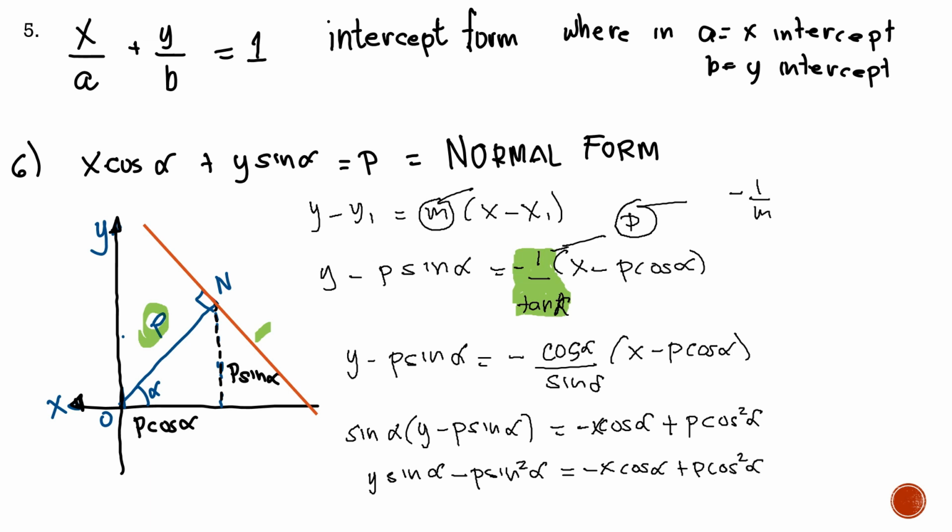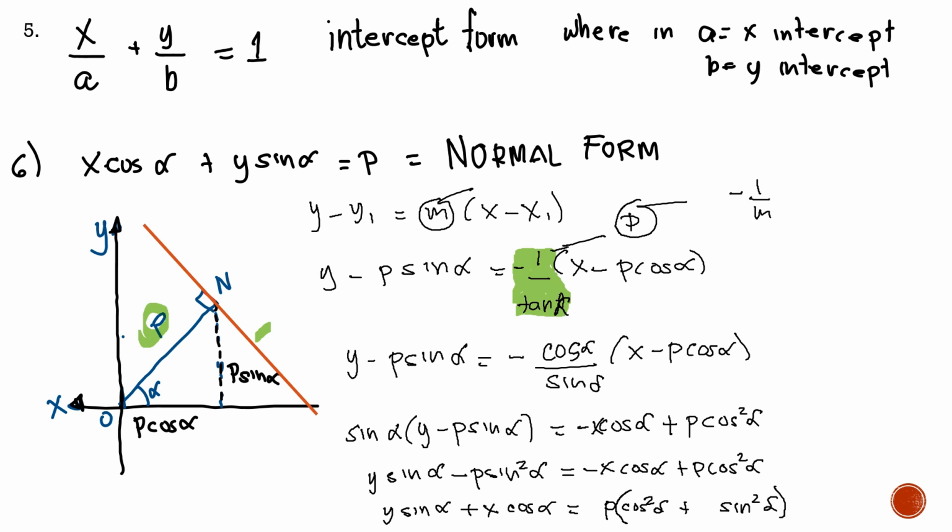We rearrange, we will have y sine of alpha plus x cosine of alpha is equal to P cosine squared of alpha plus P sine squared of alpha. If we factor out P in this case, we can write it like this one, right? So we just erase P here and we have factored out P.